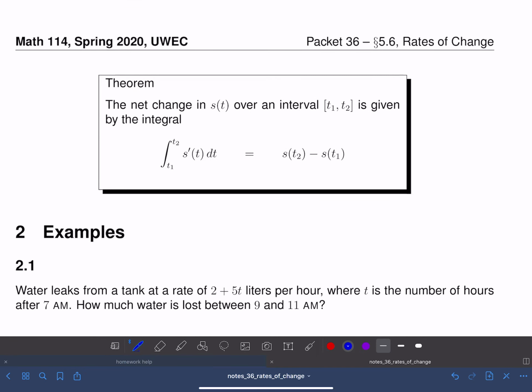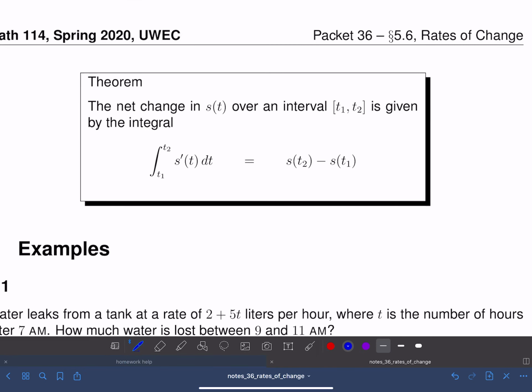I've got a theorem for you. This theorem is awesome. This is the theorem that ties everything together. It even has limits in here, because there's a limit inside of that integral right there, and a limit inside of that derivative right there.